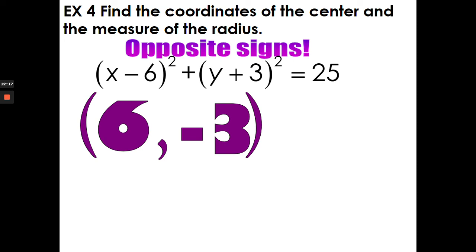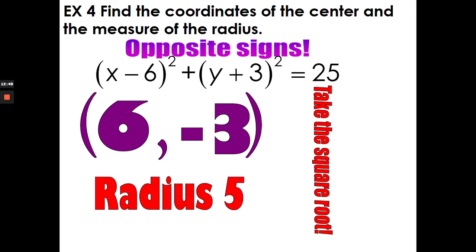So the coordinates of the center are 6, -3. That's the center. Now to get the radius, we take the number 25 and we take the square root of 25, and that is going to give us 5, a radius of 5.